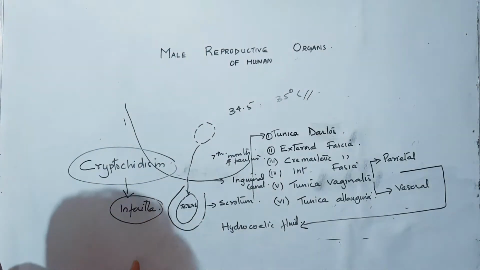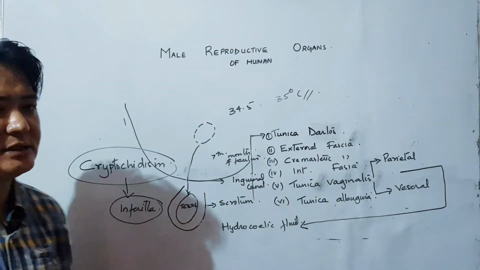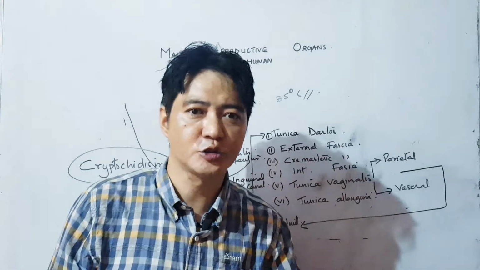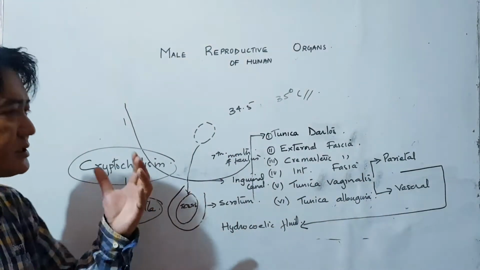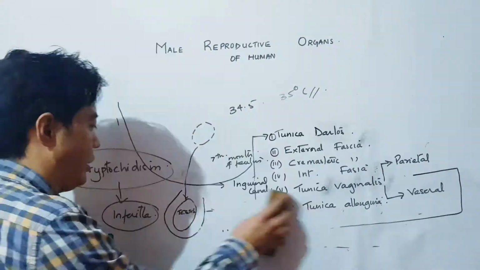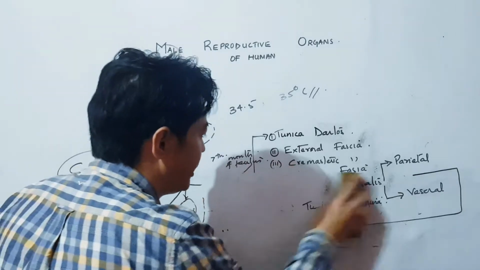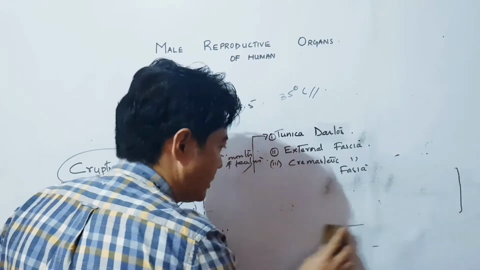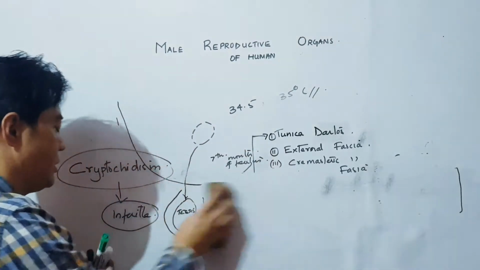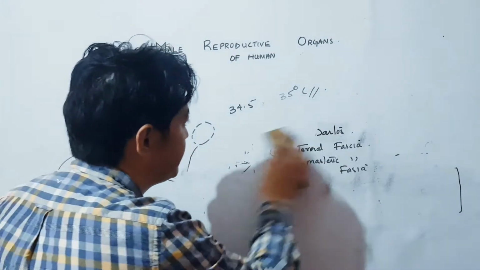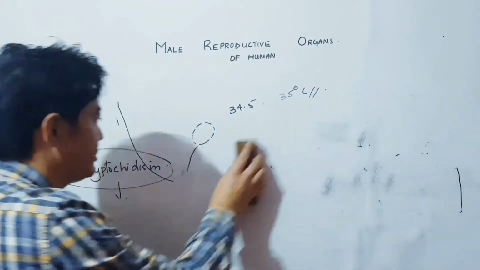So we'll see this testis. If you see this testis in a microscope, we can see these testes are made up of varieties of cells. The normal weight of a matured testis has to be between 10 grams to 20 grams.